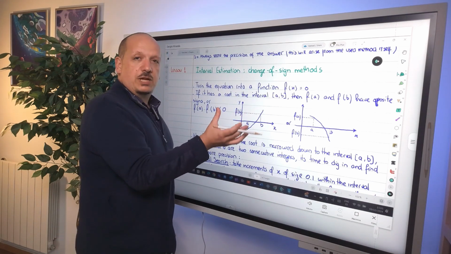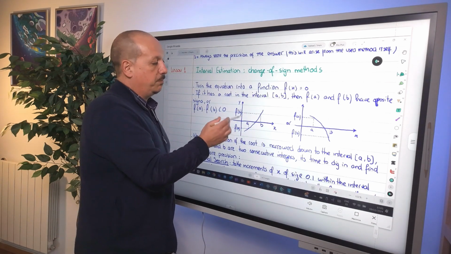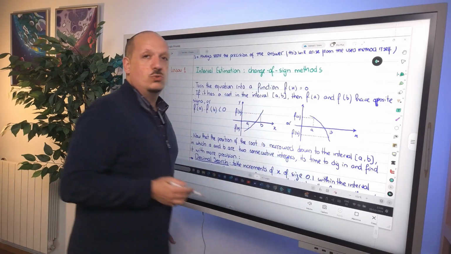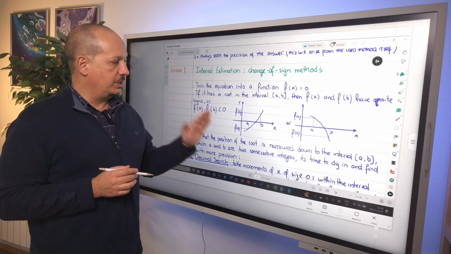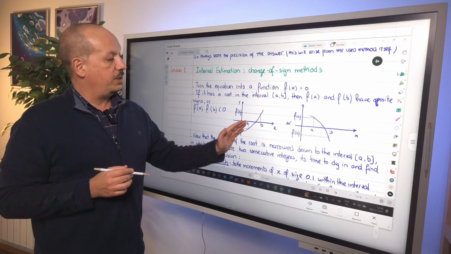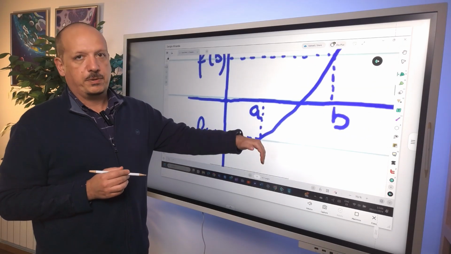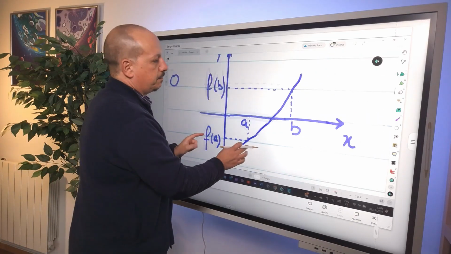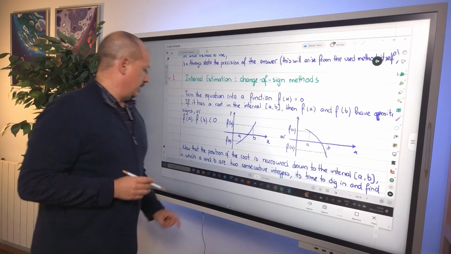So basically, the value of the function is going to change from negative to positive, or from positive to negative. I'm not contemplating here, as you probably already noticed, situations in which the zero is also the inflection point. Imagine this being the vertex of a parabola, of an inverted parabola, or something like this, all right?